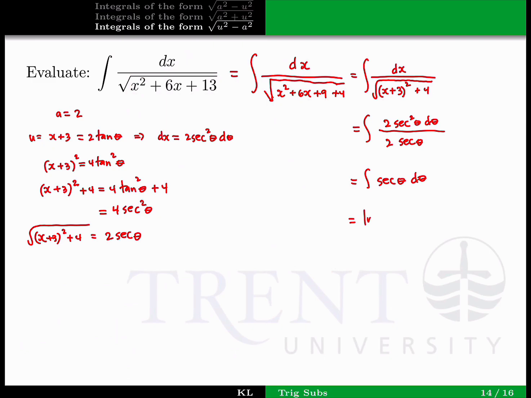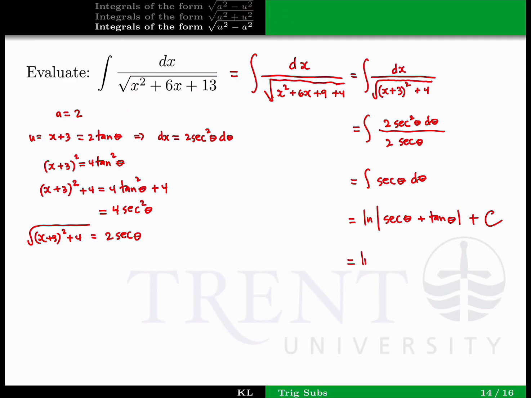And this will be ln absolute value of secant theta plus tangent theta plus c. Secant theta, you can get it from here. You divide by 2. Tangent theta, you can get it from here. Again, divide by 2.